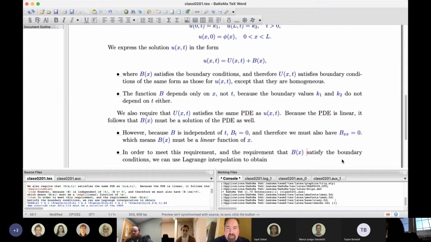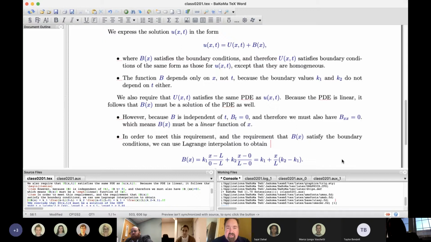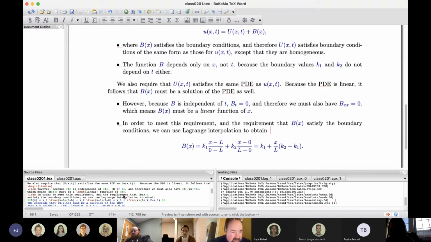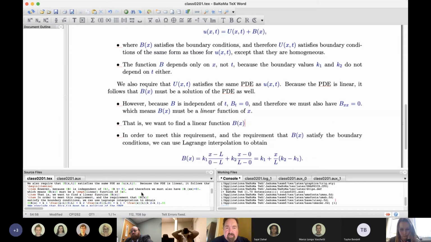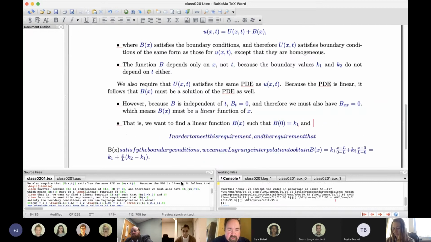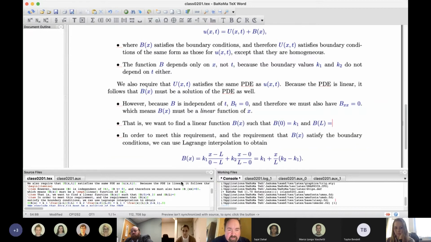So we need a linear function B(x) such that B(0) is equal to k1 and B(L) is equal to k2.